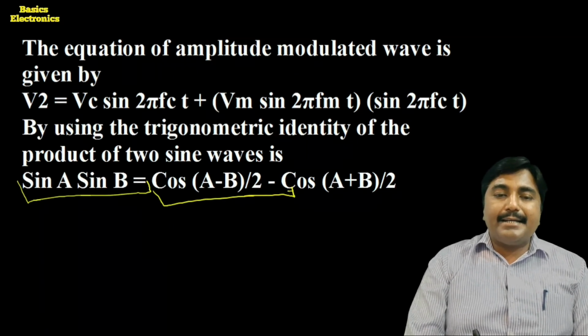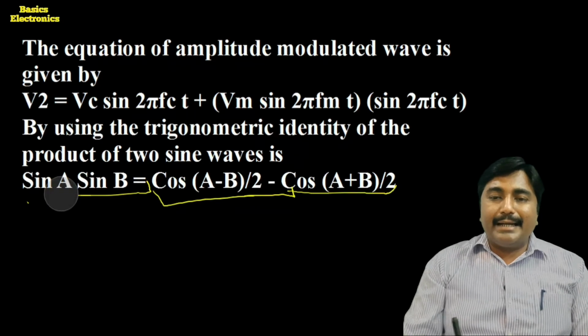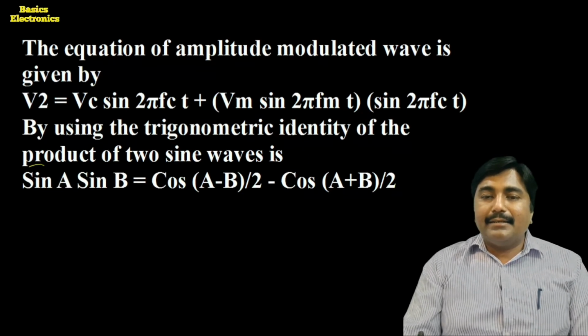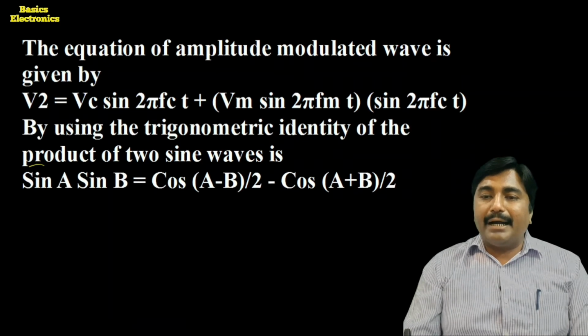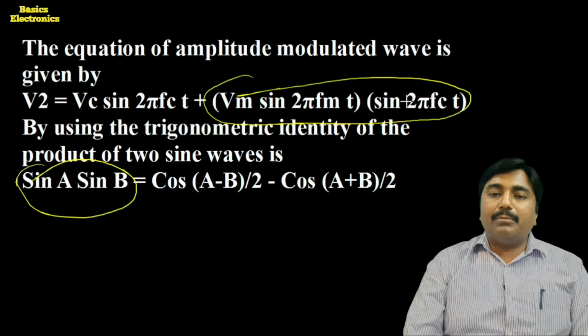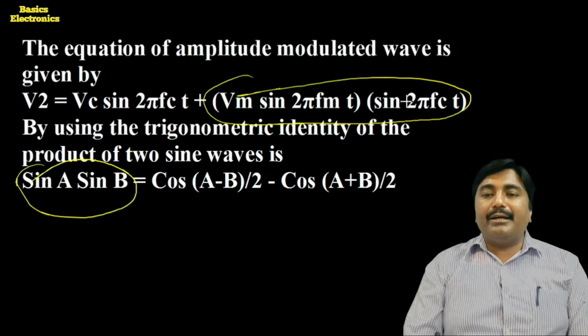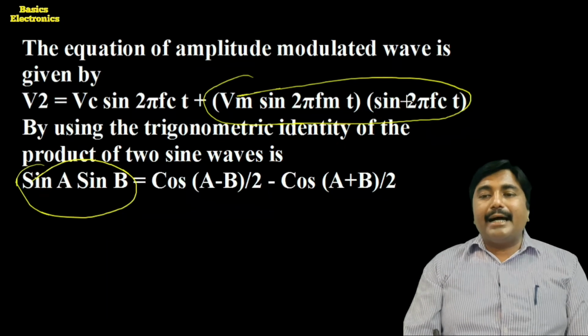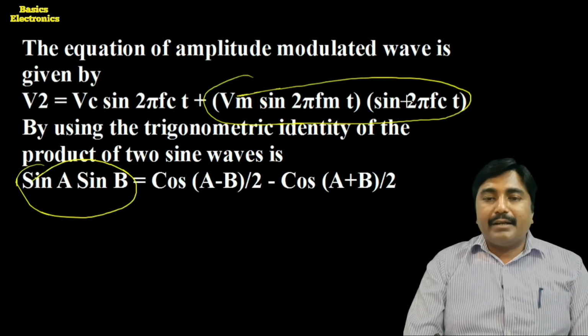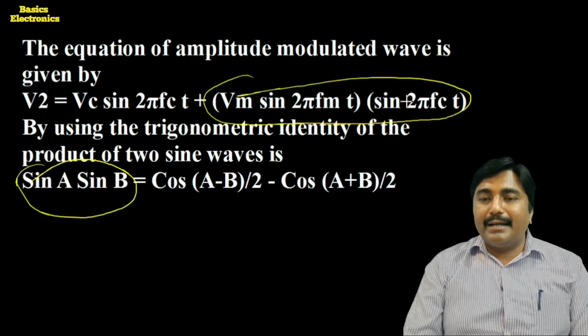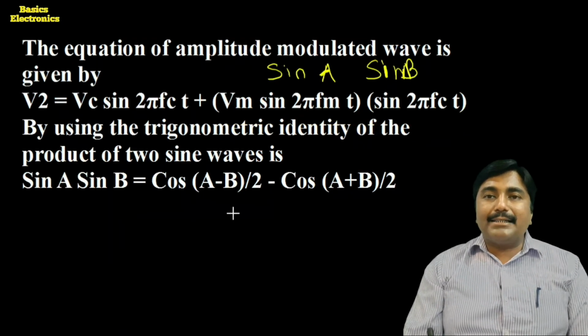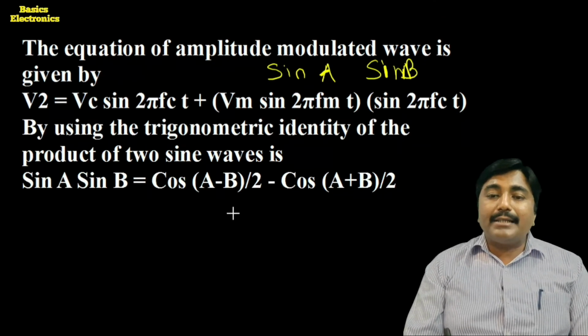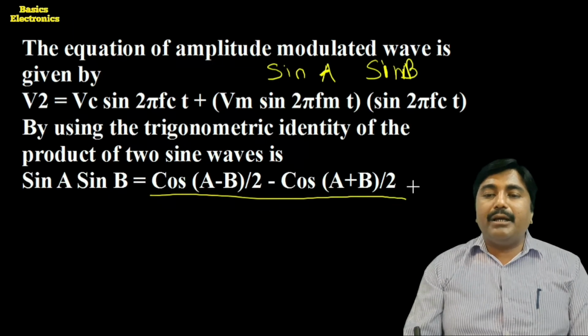Here Vm sin 2 pi fmt multiplied by sin 2 pi fct is the product of two sine terms. This one is sin A and this one is sin B. So sin A sin B equals cos(A minus B) by 2 minus cos(A plus B) by 2.